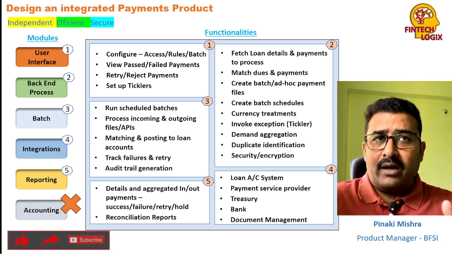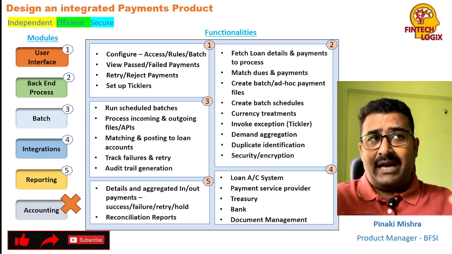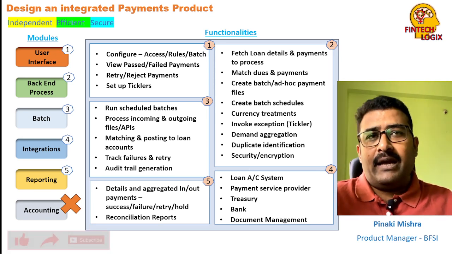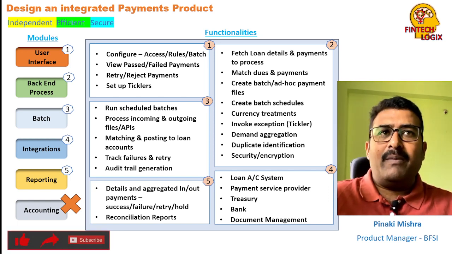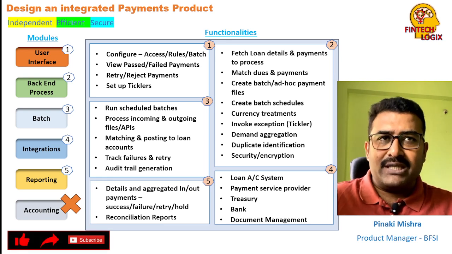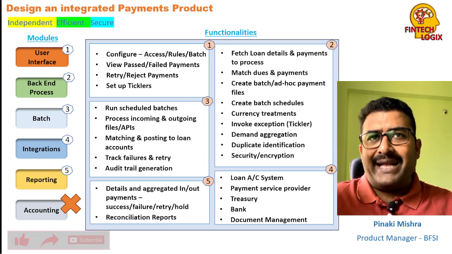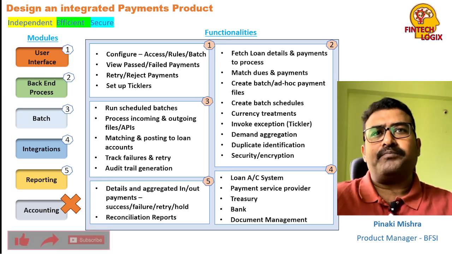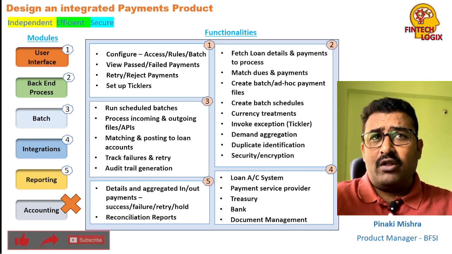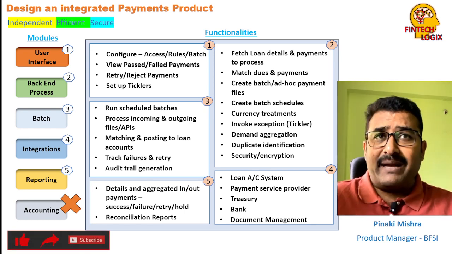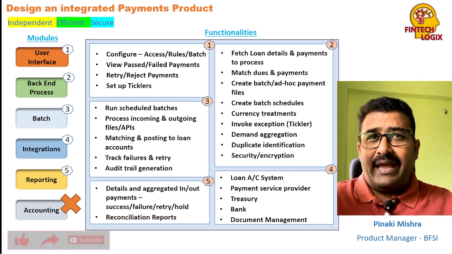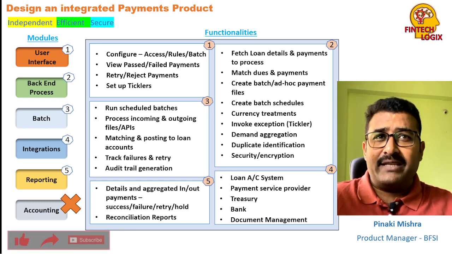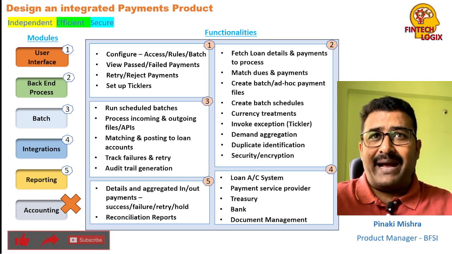Normally these are not done on a real-time basis. Yes, the time has come where for 5 minute or 59 minute loans a separate RTGS system is required, but most of the payments happen in a batch process. So a very strong batch module is required that can process all those payment files, cash matching and all seamlessly, and also take care of any kind of issues that we face because of batch failures. So you would need a batch system.